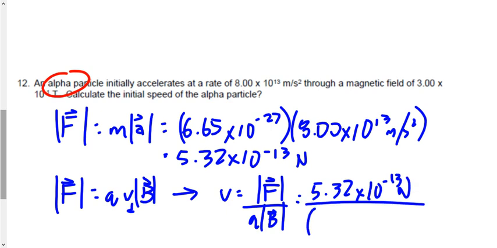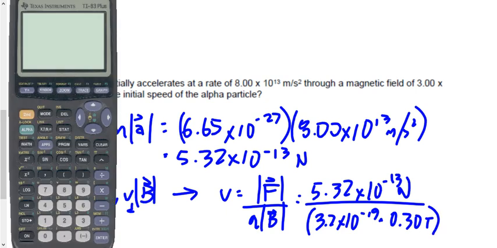I divide that by the charge, 3.2 times 10 to the minus 19, times the magnetic field of 0.30 Tesla. Now I'm going to do this on my calculator just to make sure that you guys are dividing the denominator correctly here.